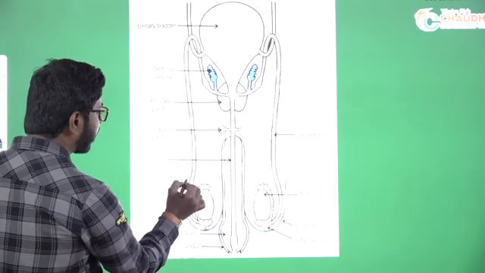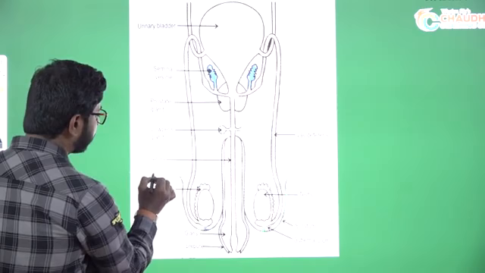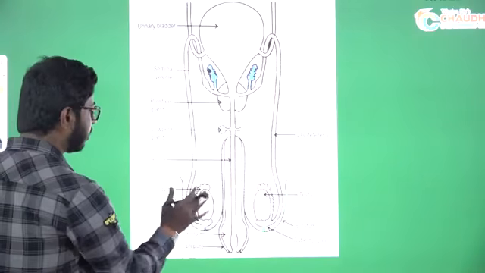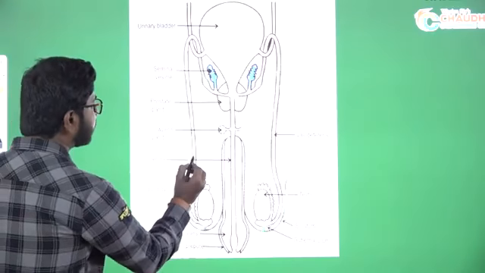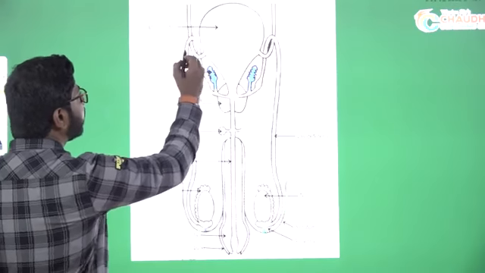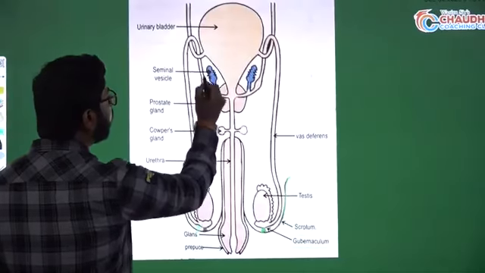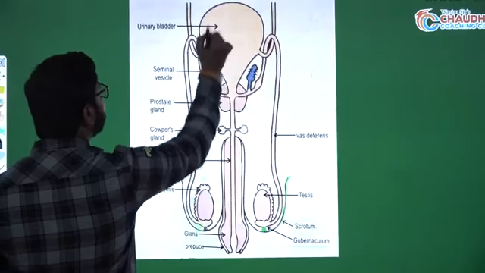Here is the inguinal canal, which is a connection between the abdominal cavity and the scrotum. So the vas deferens ascends, goes up, enters the abdominal cavity and bends down round over the urinary bladder.